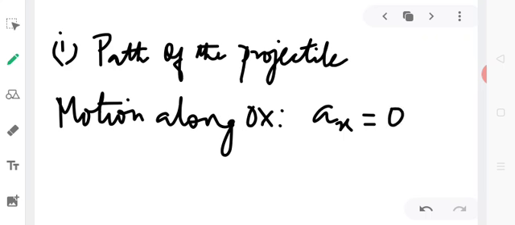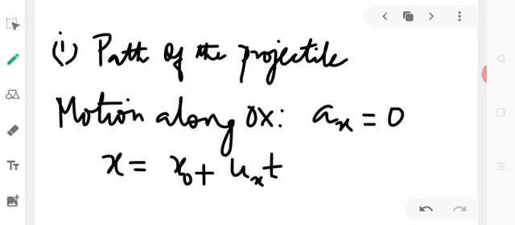The position of the object at any time t along the horizontal direction, that is along the x-axis, is given by x equal to x0 plus uxt plus half axt square.